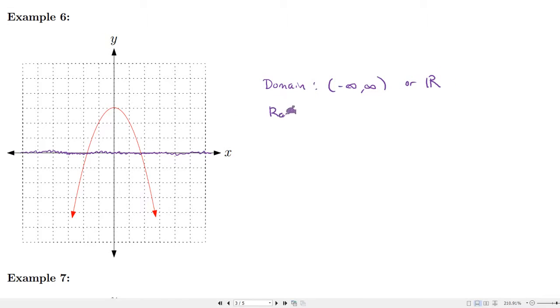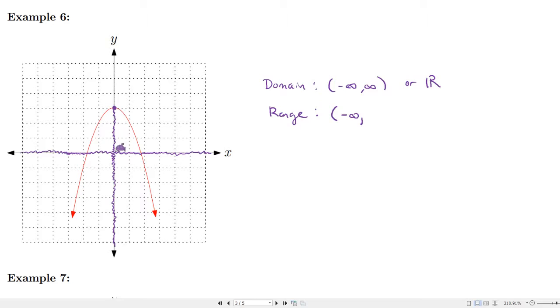But what about the range? Is the range restricted in any way? Are the outputs restricted? Well, it looks like we have outputs up to that top point, but then this curve doesn't continue anywhere up here. So this is the largest y, the largest output that we're getting. And we continue in the negative y direction. So the range is from negative infinity to this maximum value.